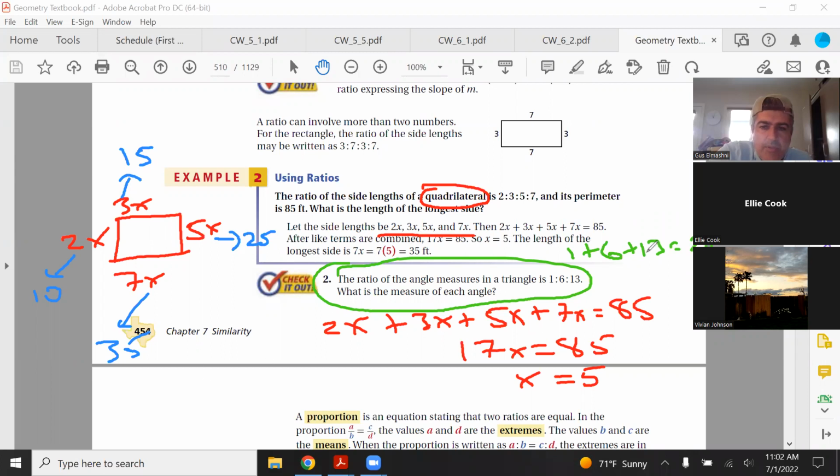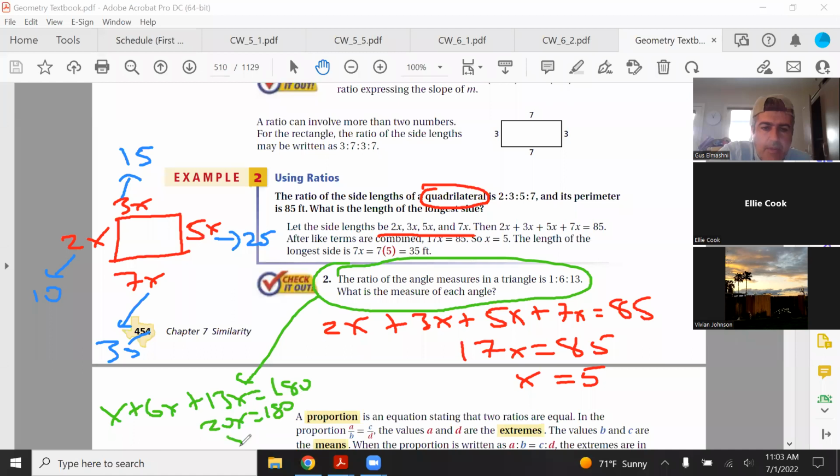So what you can do is say this: x plus 6x plus 13x equals 180, or 20x equals 180. So x is 9.